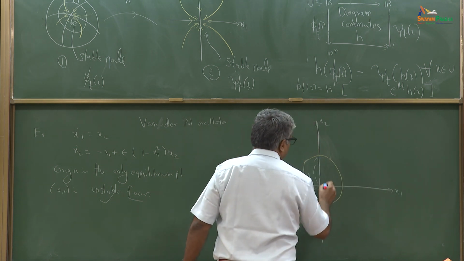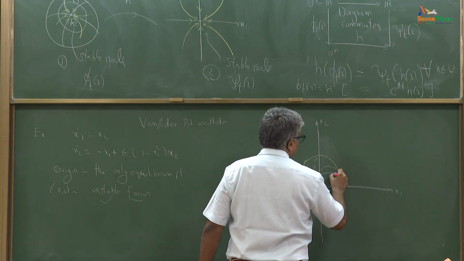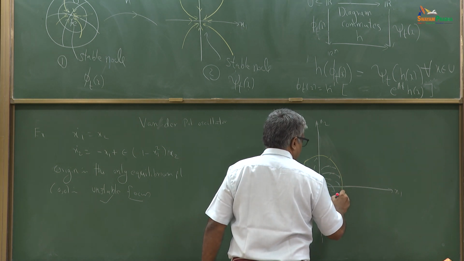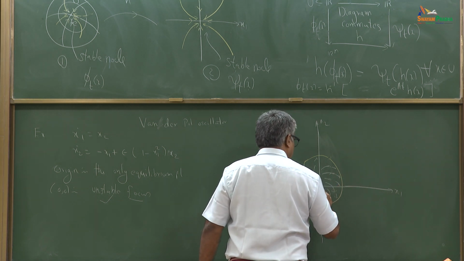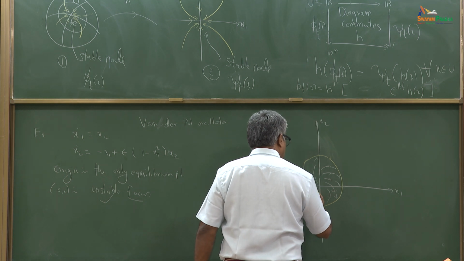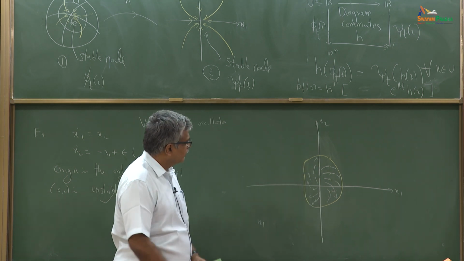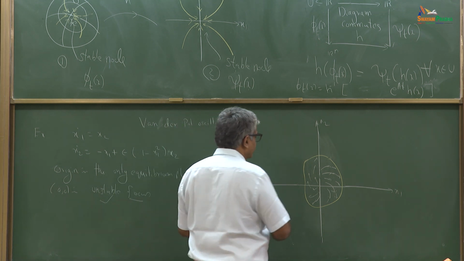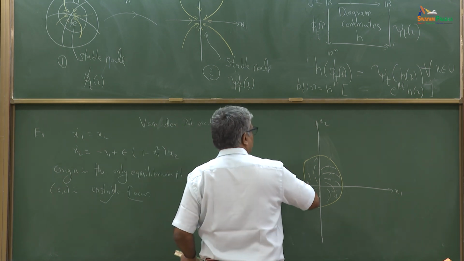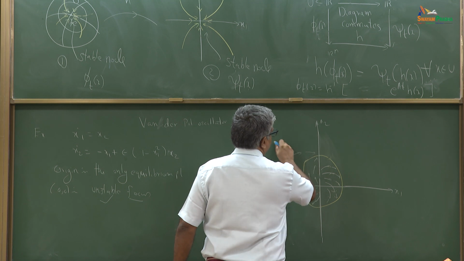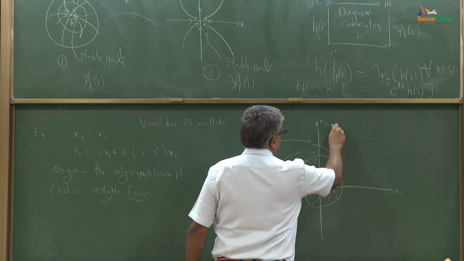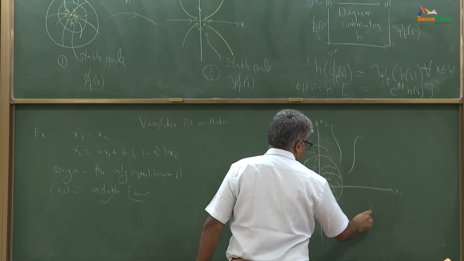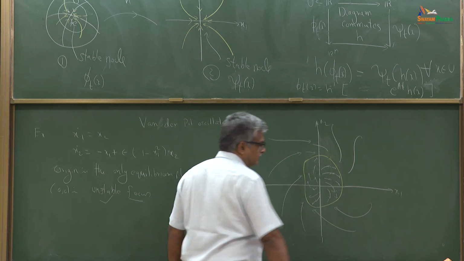And they will all approach this limit cycle, and any trajectory outside will also approach this limit cycle.